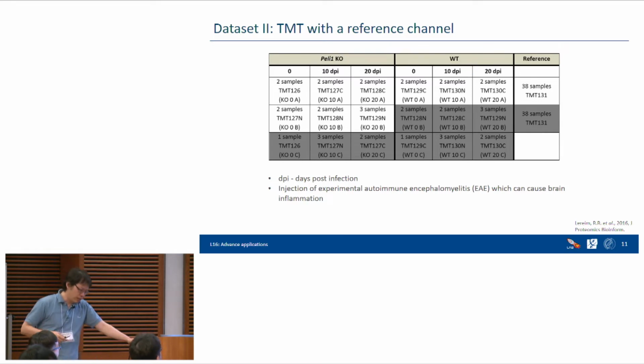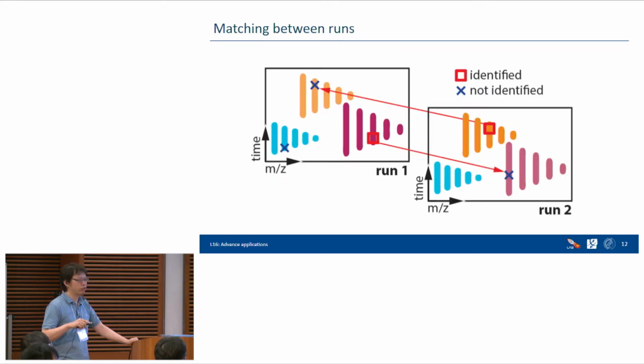Before I tell you about the method, I want to introduce two datasets that we use in this study. The first one is from Josh Kunz's lab. Basically, they extracted 8 different organs from each of 4 mice, and then randomly assigned these samples to different channels. You can see the channels here, randomized. They repeated this experiment twice on different days.